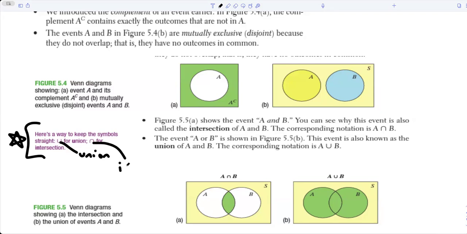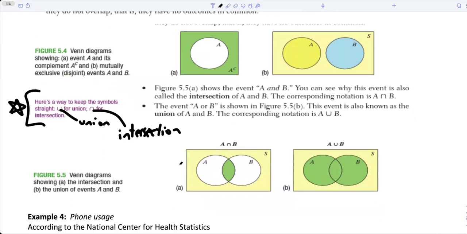If it's the upside down U, then that is the intersection. So A intersection B is going to be this area right here, shared by A and B. A union B is going to be the two green circles there, A or B.